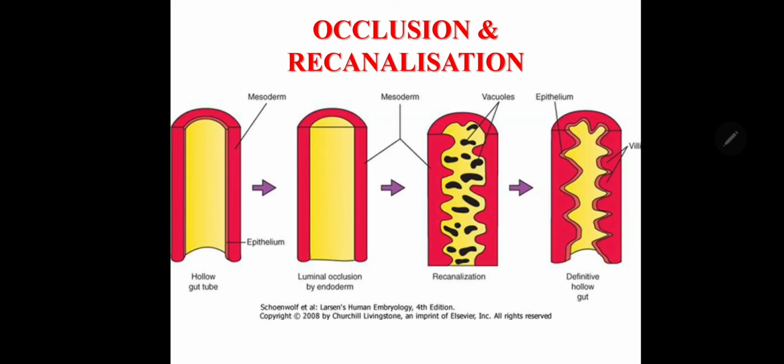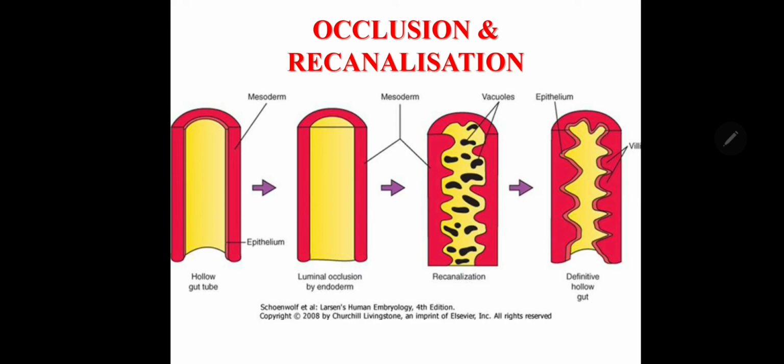You can see in this picture, on the extreme left side, the hollow gut tube during development. Then what happens? Because of the endodermal proliferation, there will be luminal occlusion, and in the third picture from the left side you can see the recanalization, leading to the formation of the circular folds or the folds of the GIT, which may be temporary and permanent foldings.